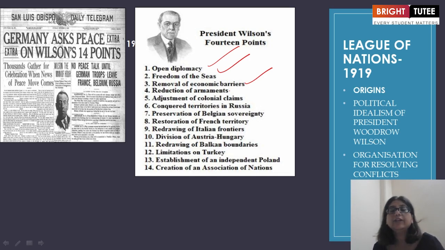And the League of Nations in 1919 had its origins in the political idealism of President Woodrow Wilson, an organization for resolving conflicts before bloodshed and warfare.